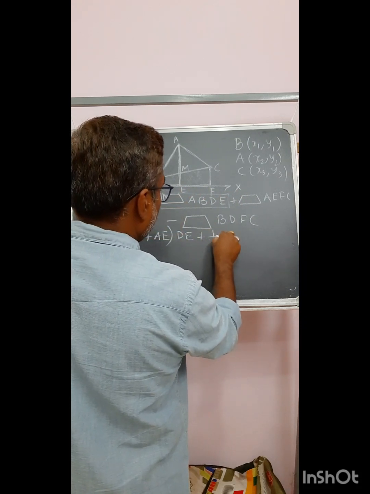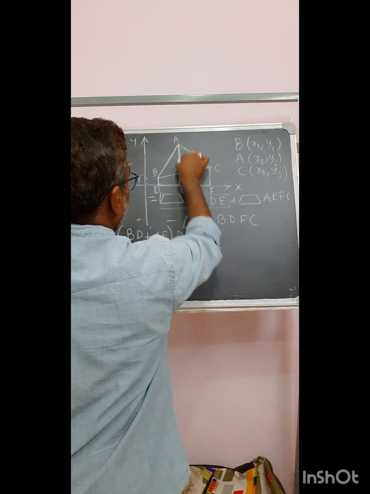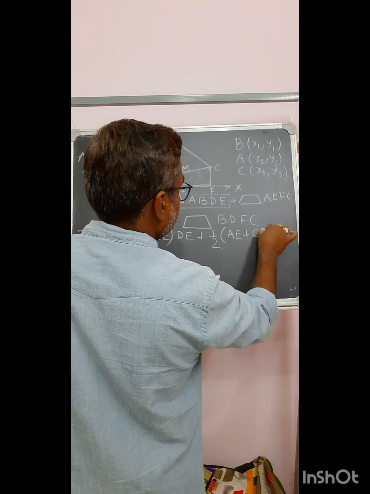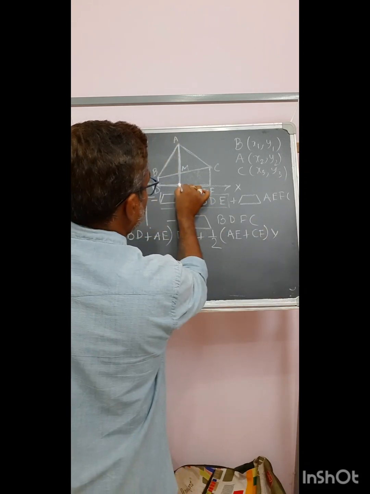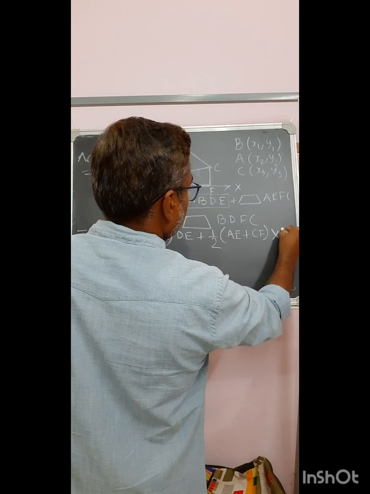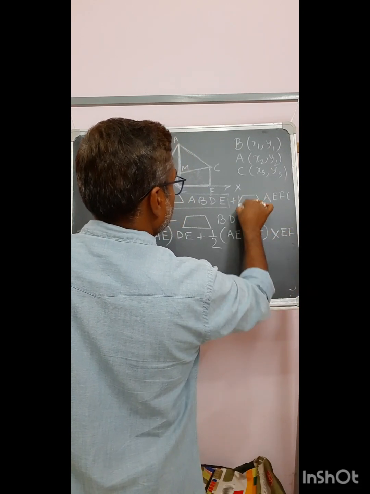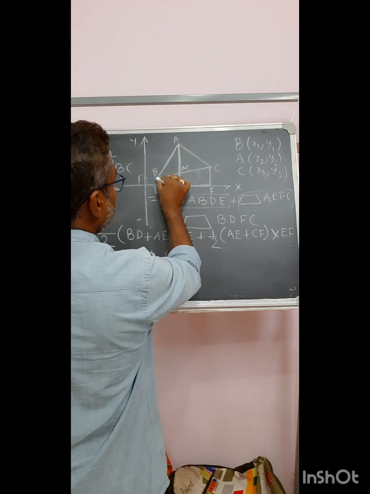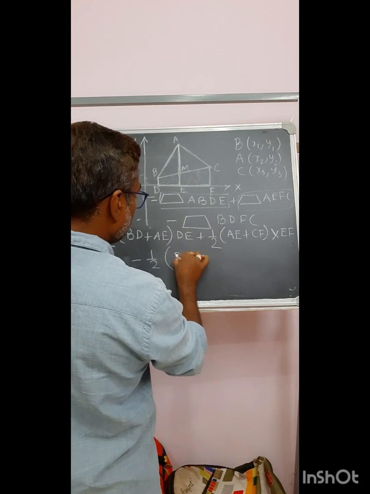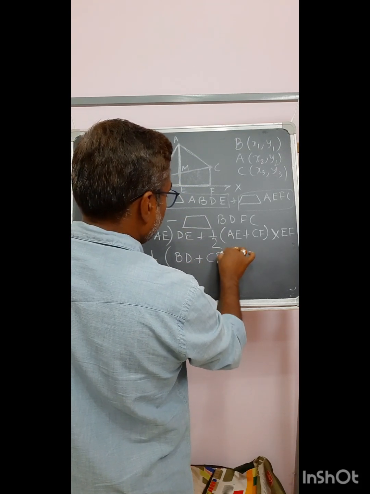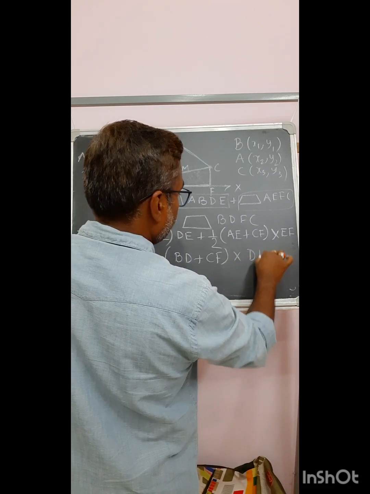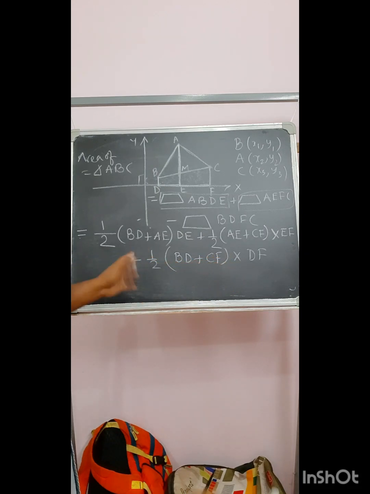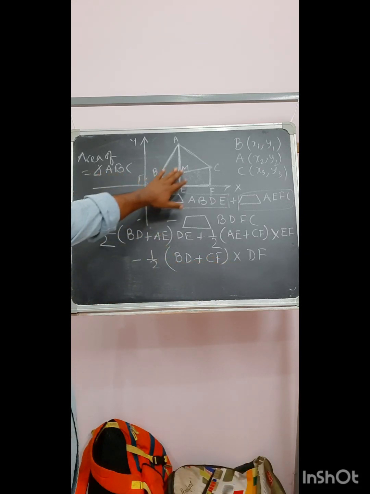The second one is half into AE plus CF whole into the distance between them, EF. This gives the second one, and minus half into BD plus CF whole into DF. If I put these values and calculate, I will get the area of this triangle.